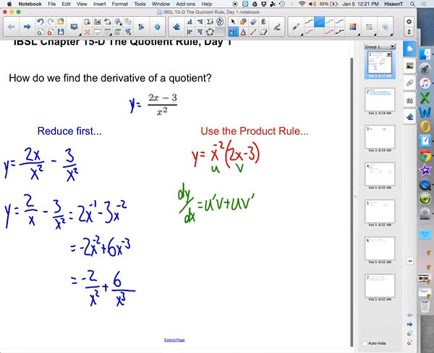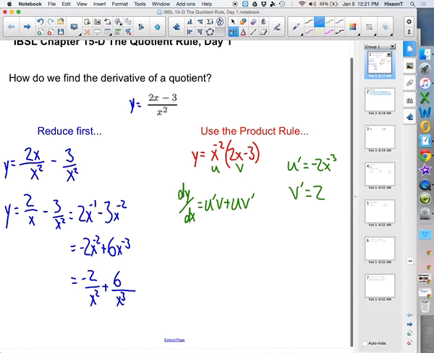And over here, u prime: what's the derivative of x to the negative 2? Good, negative 2x to the negative third. And what's the derivative of v? Just 2.